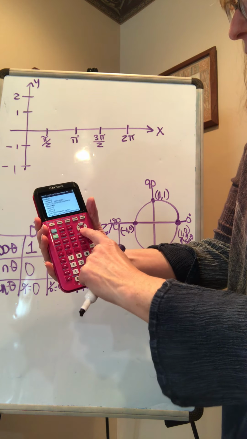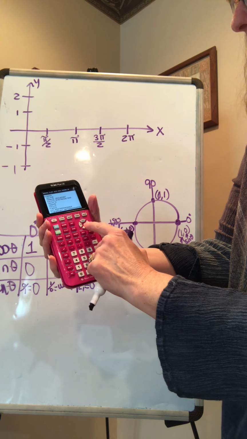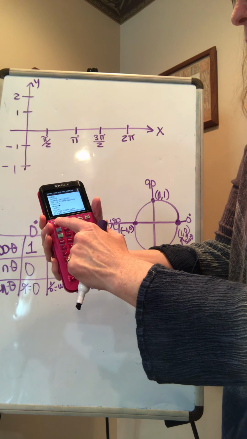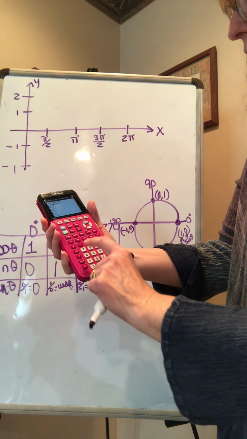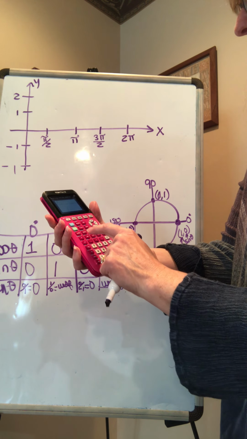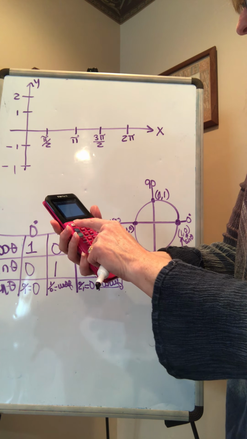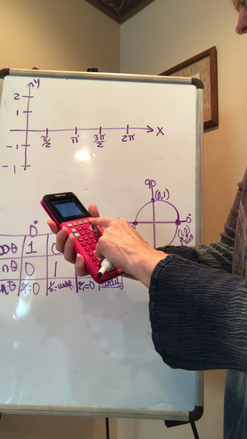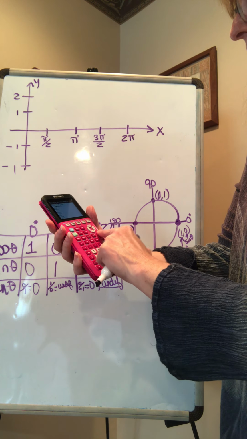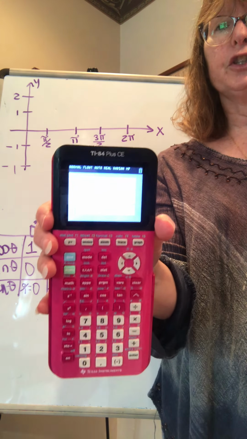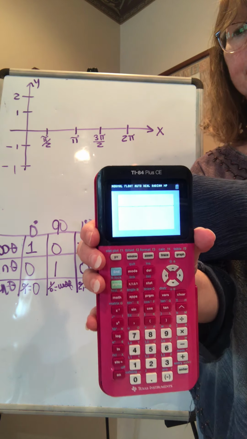My minimum y I have is -2, and my maximum y I have is 1. So now, if I go into y equal, and I just clear out whatever's there, and I hit graph, my calculator looks just like the paper looks.